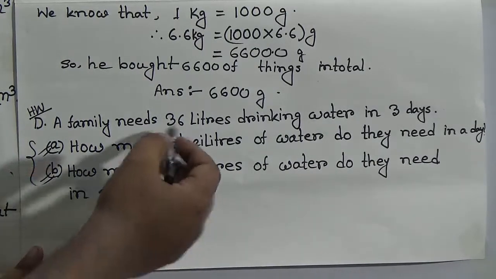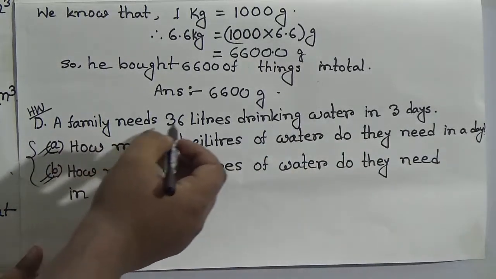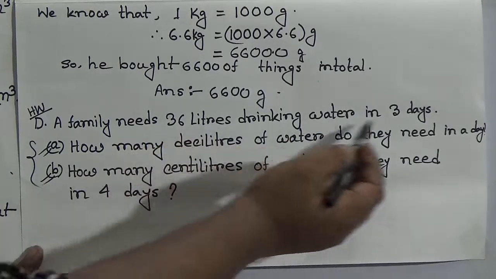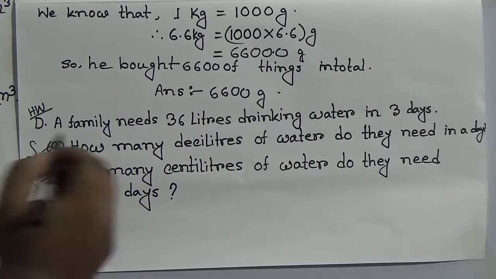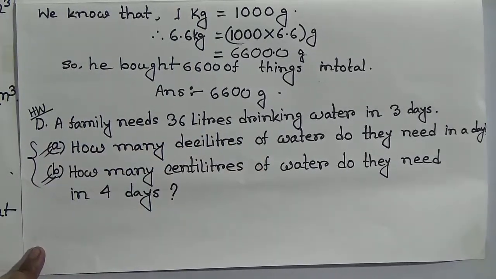That means the stem give you the information in 3 days a family need 36 liters. So in 1 day how many liters is needed? So we divide this 36 by 3 and we get the amount of liters that a family needs in 1 day. Then we want to convert this liter into deciliter and we finally get the answer.